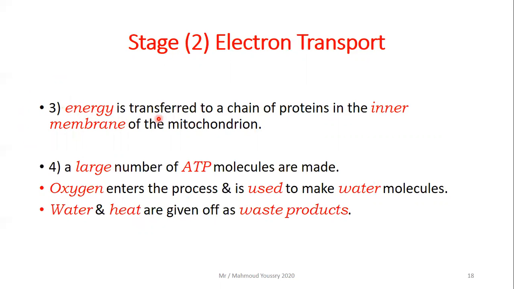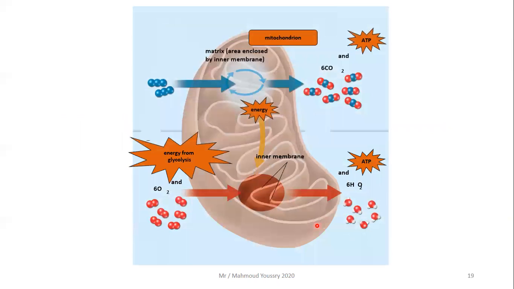Step number three, energy is transferred to a chain of proteins in the inner membrane of the mitochondrion. Step number four, a large number of ATP molecules are made. This is our goal from cellular respiration. Oxygen enters the process and is used to make water molecules. Water and heat are given off as waste products. Look at this picture.